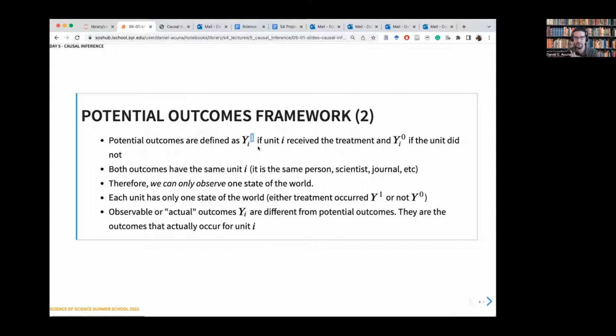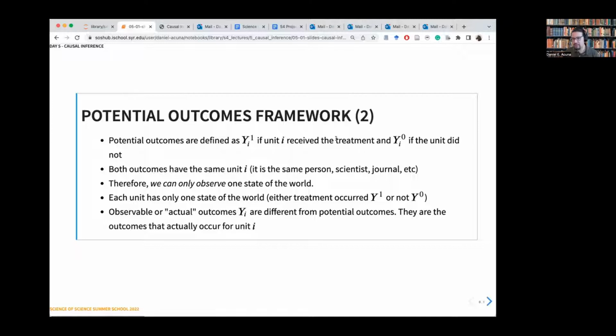So it could be, was this paper published by a famous scientist, let's say, and how that affects the citations. So that will be the treatment, just 0 or 1. Okay, so 1 means he received the treatment, he's a famous scientist, or some other thing that we're interested in understanding how it affects the outcomes.